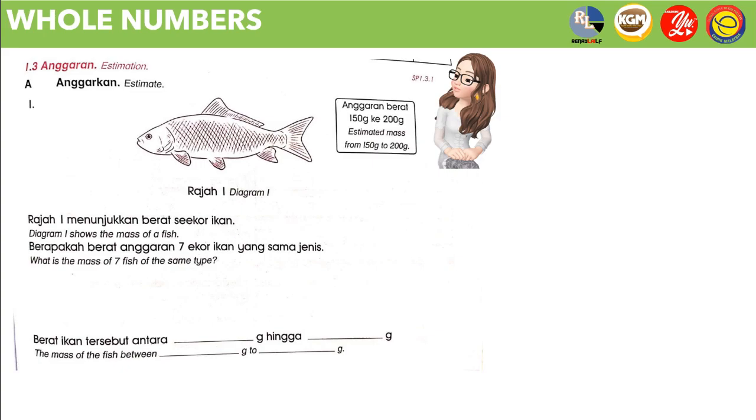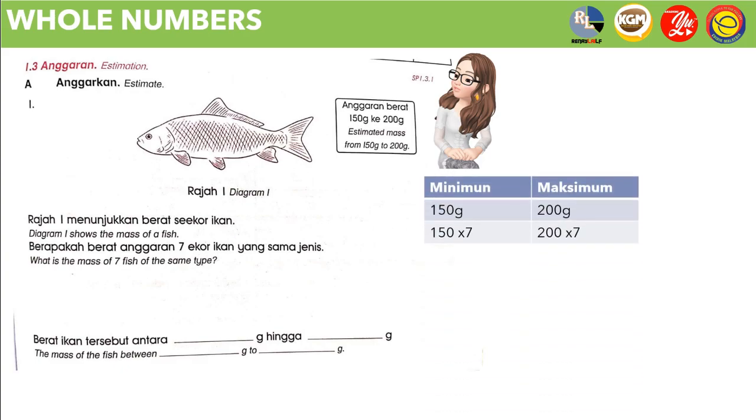Look at this question. It's on estimation. Estimate the fish. Estimated mass from 150 grams to 200 grams. Diagram 1 shows the mass of a fish. What is the mass of 7 fish of the same type? Firstly, you need to estimate the minimum weight of the fish, that is 150 grams.